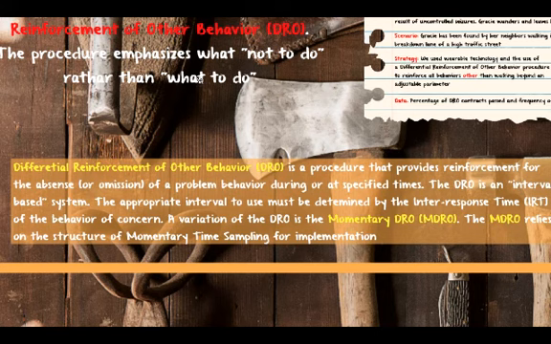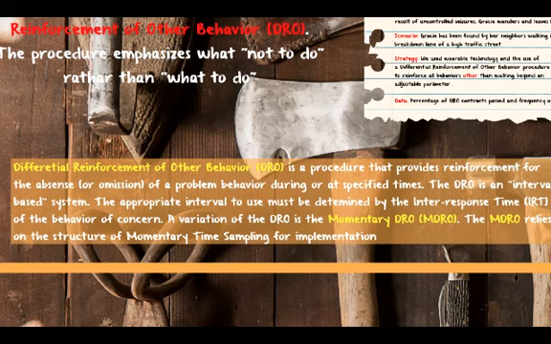The way that you calculate what you should be doing for the DRO interval is based on your baseline data. So let's say I've got a person at baseline that is engaging in tantrum behavior twice per hour. So approximately one time every 30 minutes.